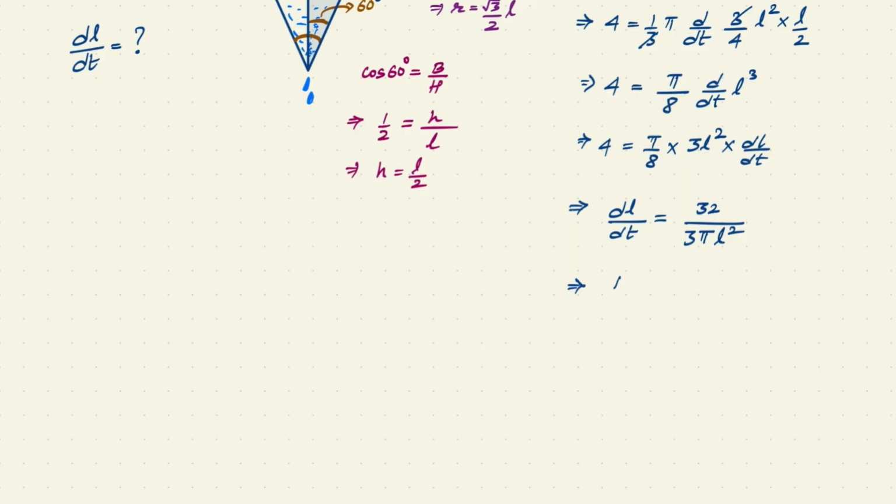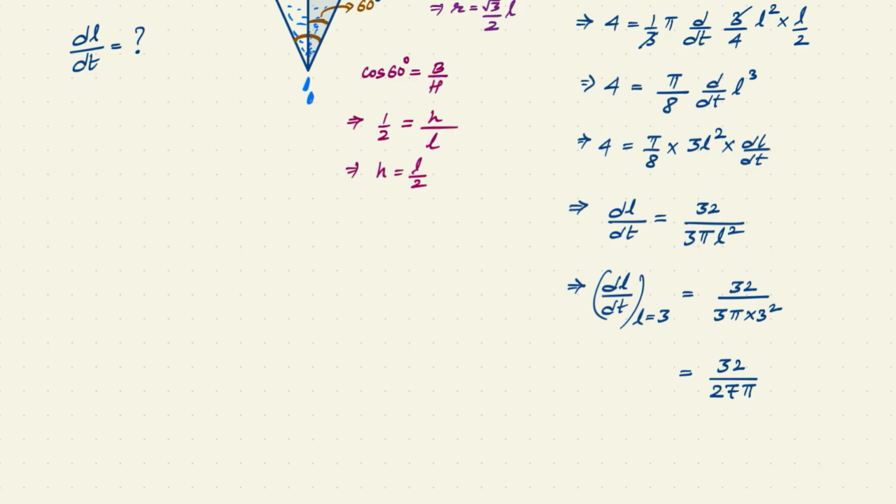So dl over dt when the value of L equals 3 will be equal to 32 by 3 into pi into 3 square. So this equals 32 by, 3 square is 9, 9 3s are 27 pi. You can put the value of pi here, or you can keep it like this only.